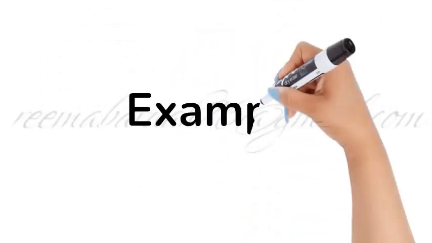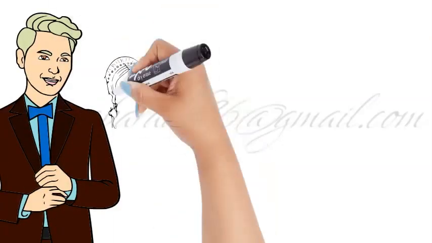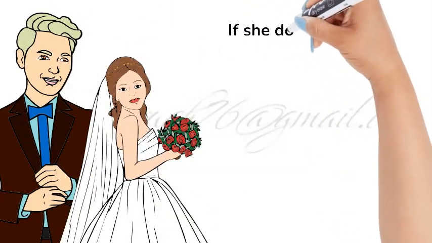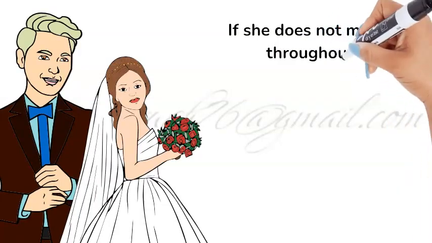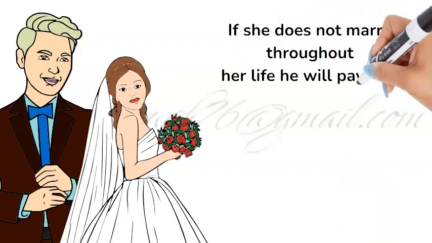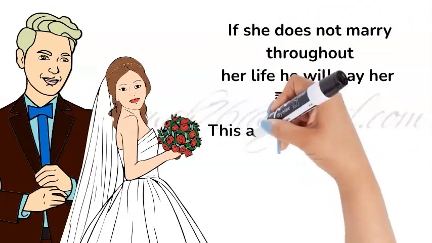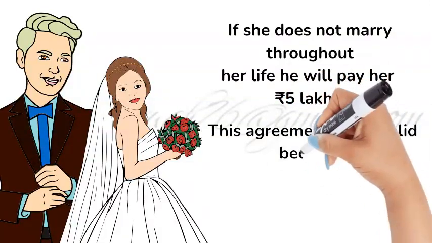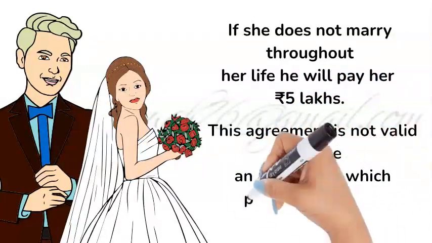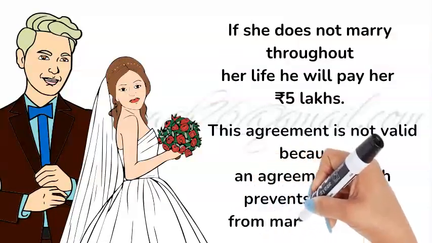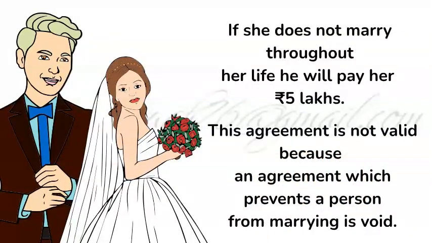Let me explain this point with an example. Pradeep enters into an agreement with Deepa that if she does not marry throughout her life, he will pay her rupees 5 lakhs. This agreement is not valid because an agreement which prevents a person from marrying is void.